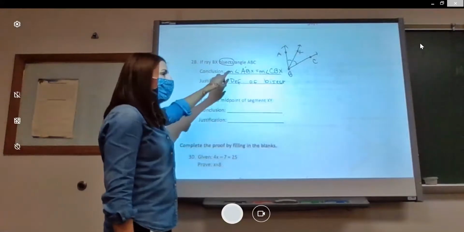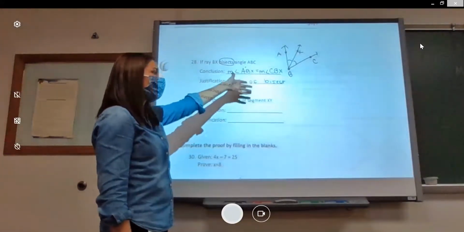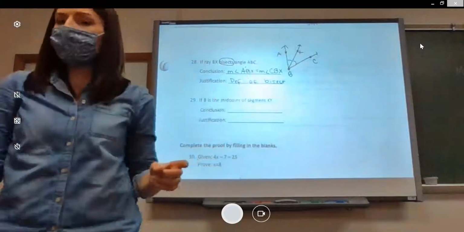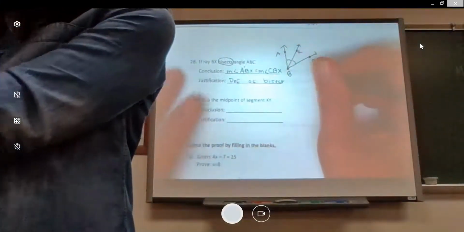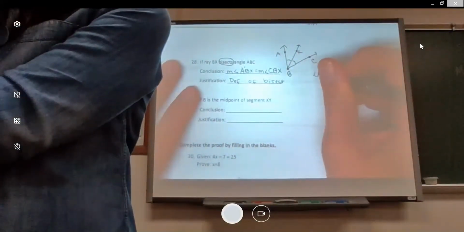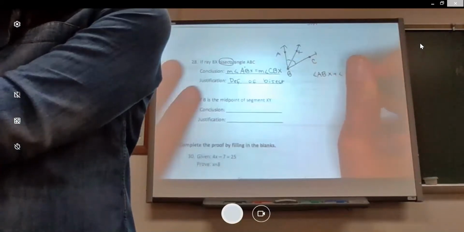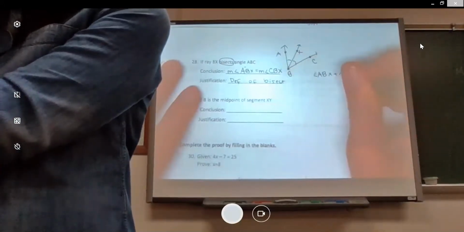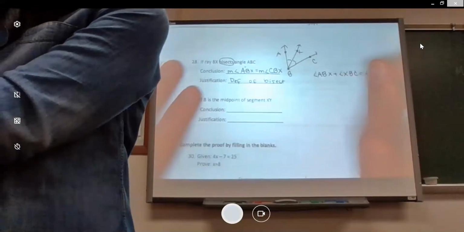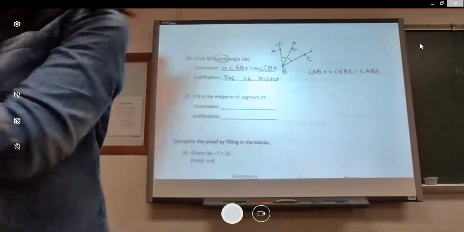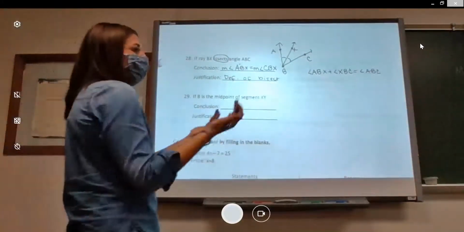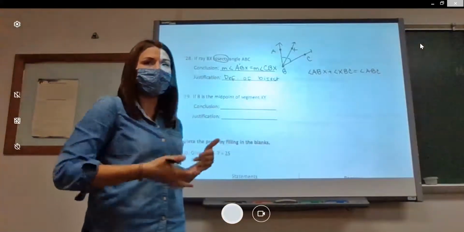Now, we haven't lived a ton here. And the other thing from that visual that you may see, and it's been a look for the whole time, is that I could say that angle ABX plus angle XBC equals angle ABC. So one thing you may observe is that, hey, that breaks it into two parts out of the whole angle.